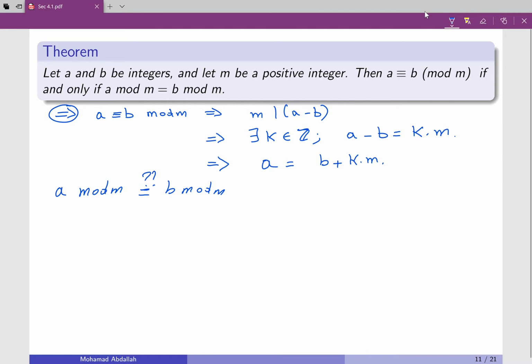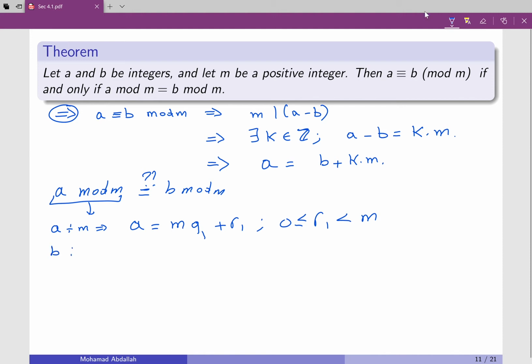By the division algorithm, when I divide A by M, this means that A is equal to M times, let's say, Q1 plus R1. And R1 is between 0 and M. This is by the division algorithm, and Q1 and R1 are unique.